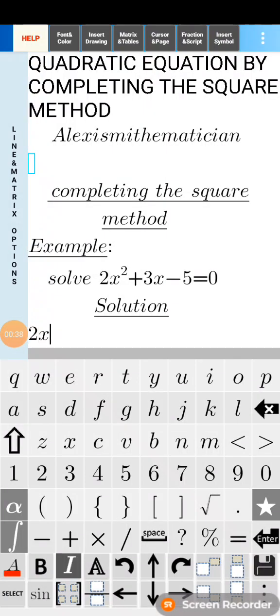So we have our 2x squared plus 3x minus 5 equal to 0.